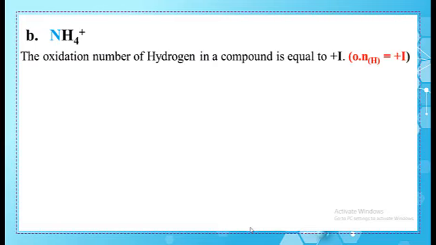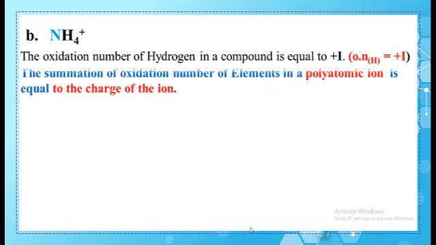Now part B, the oxidation number of nitrogen in NH4+. You studied the rule that the oxidation number of hydrogen in a compound is equal to +1, and you studied that the summation of the oxidation numbers of elements in a polyatomic ion is equal to the charge of the ion.